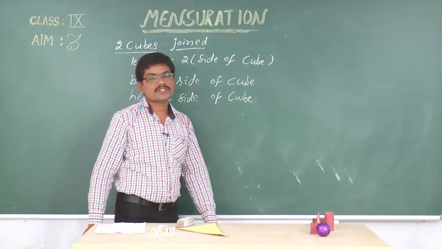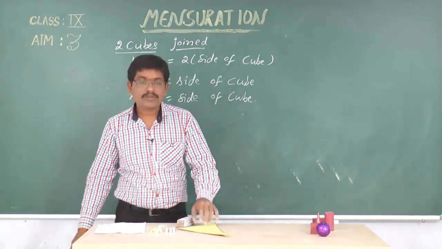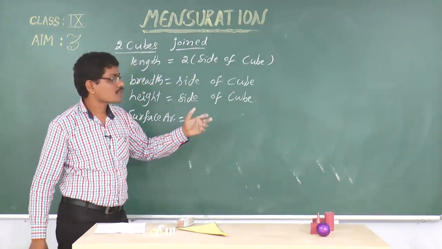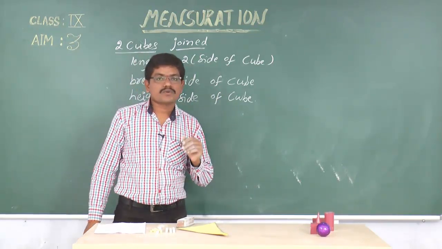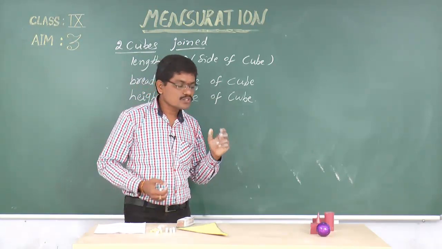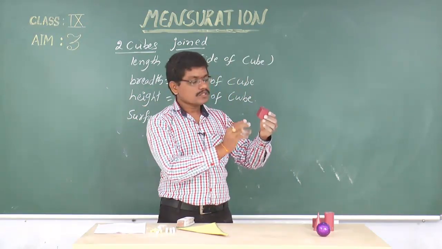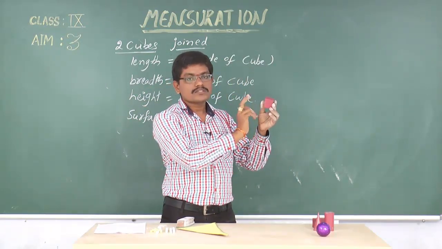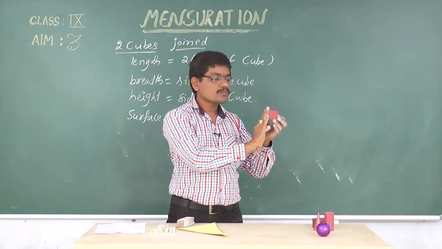Surface area is equal to, so for example, for one cube, total surface area is 6a square. But if you joined 2 cubes, then one surface of the one cube and another surface of the other cube, both will vanish.